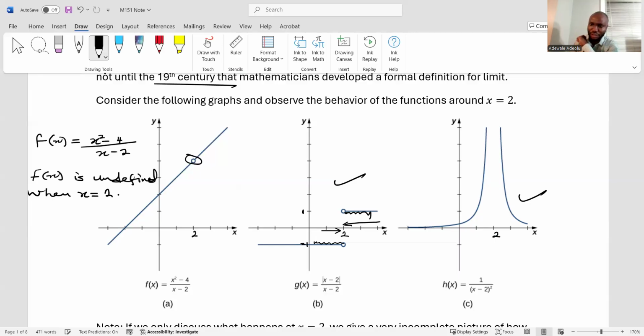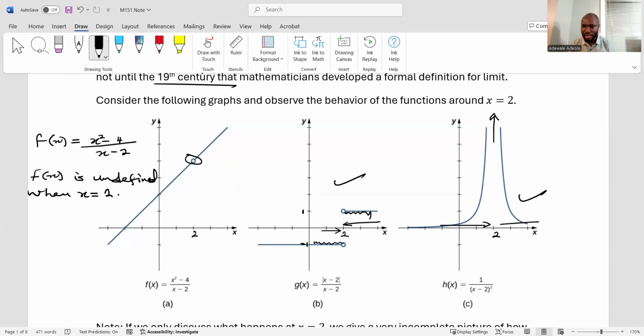Also, in this situation, as x is getting closer and closer to 2 from this side, we'll see what is happening to the y value. It seems not to get to any definite number, right? It's going to infinity.